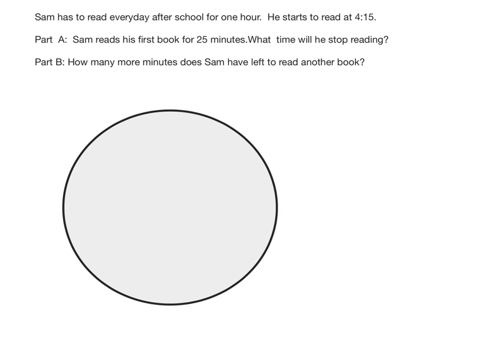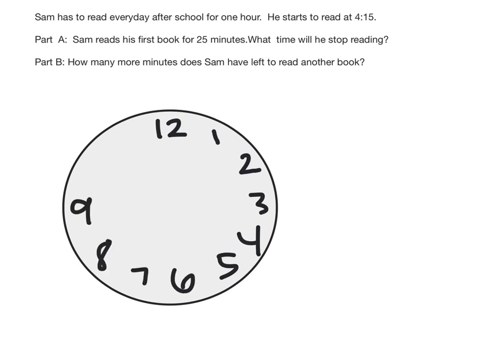The easiest way for us to do this is to make ourselves a clock. All right, so I have my first setup of a clock, and I'm going to fill it in. All right, so I have my clock. And I know that from one number to the next is going to be increased by 5.